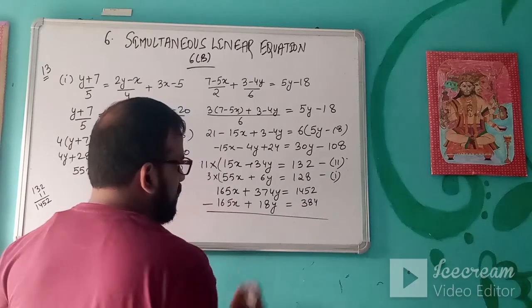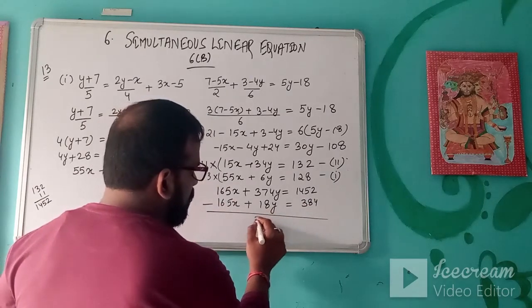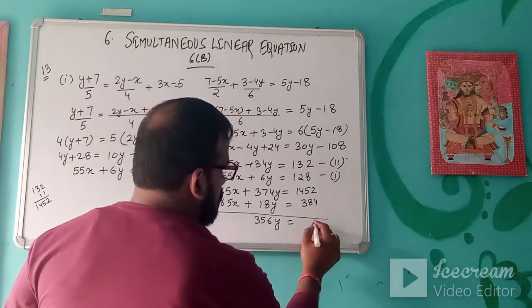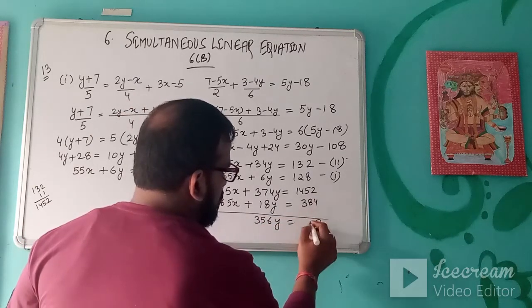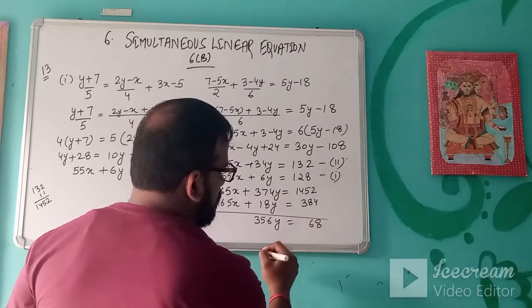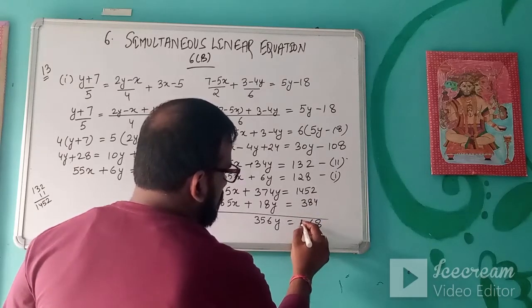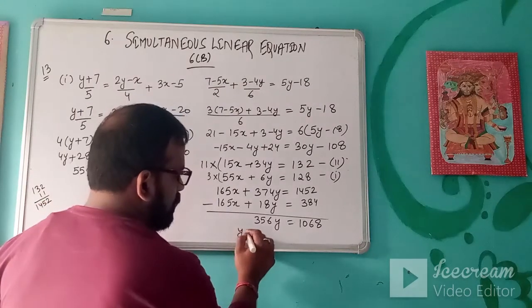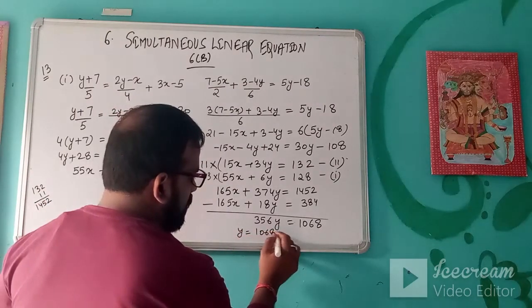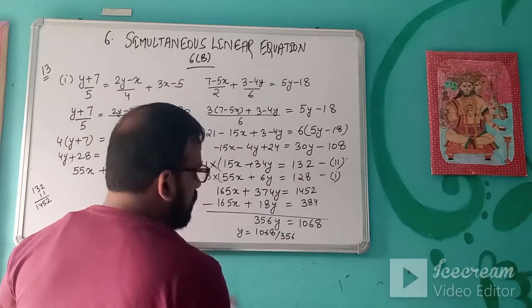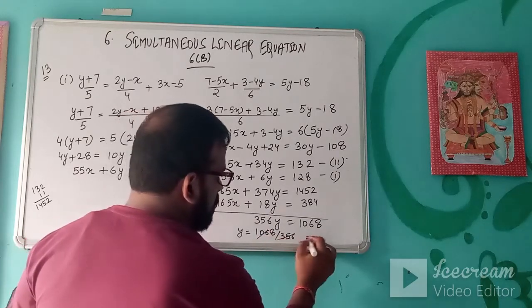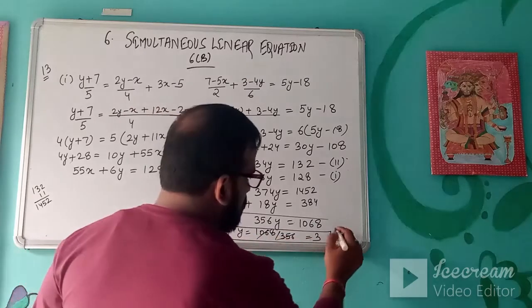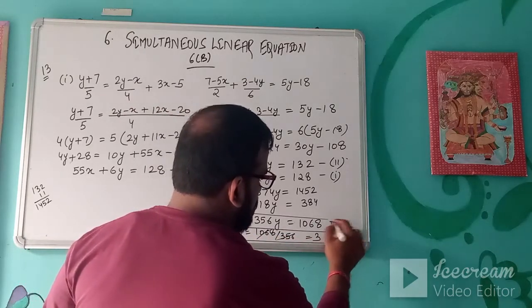So let's subtract it. So it will be 356y equals 1068. So what is y? 1068 upon 356, that is 3. So here we get y equals 3.